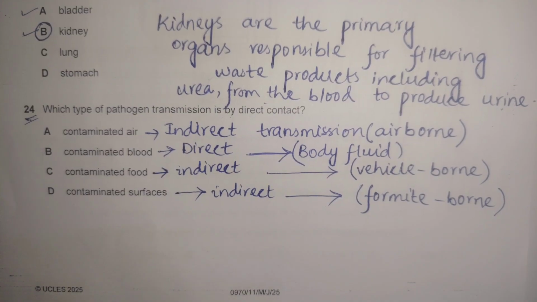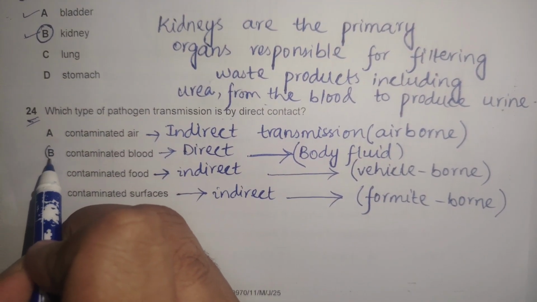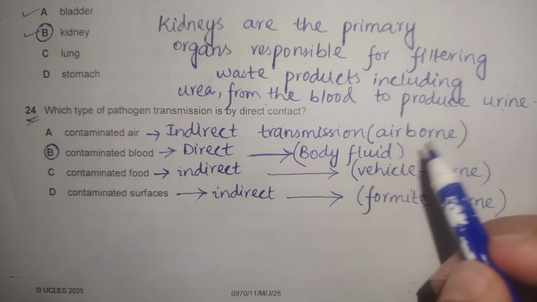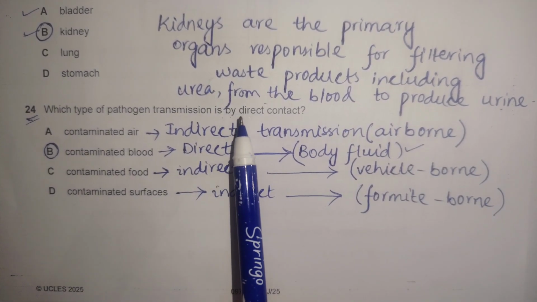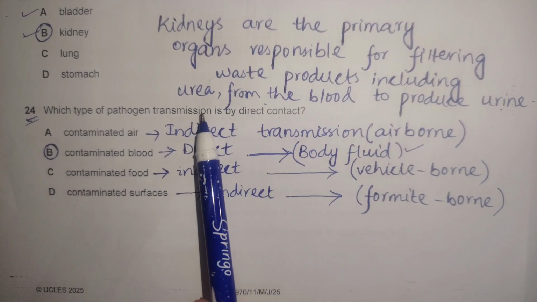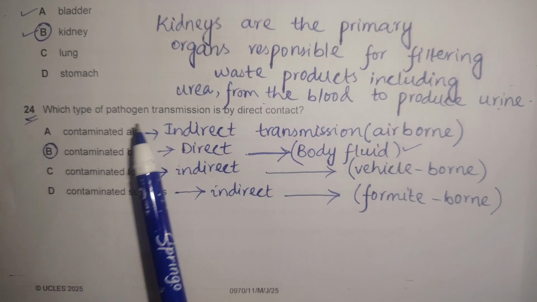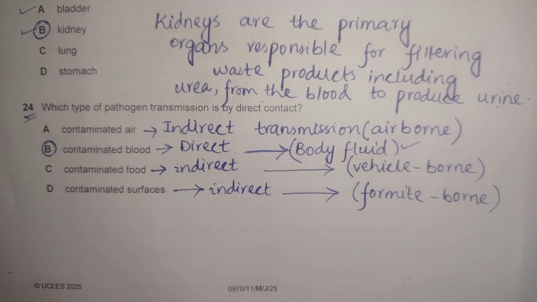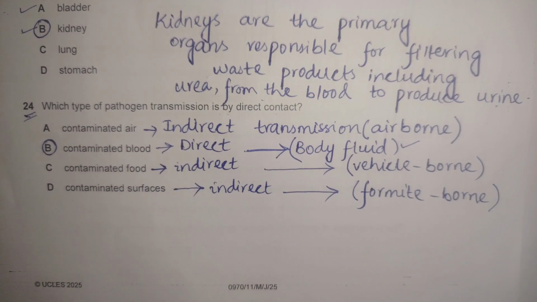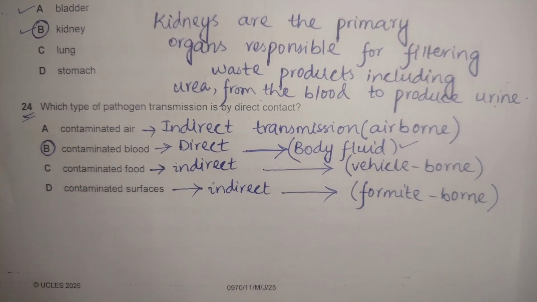The correct option for this question is B, because blood or body fluids are forms of direct contact transmission for pathogen transfer. I hope you have understood the difference between the four of them.